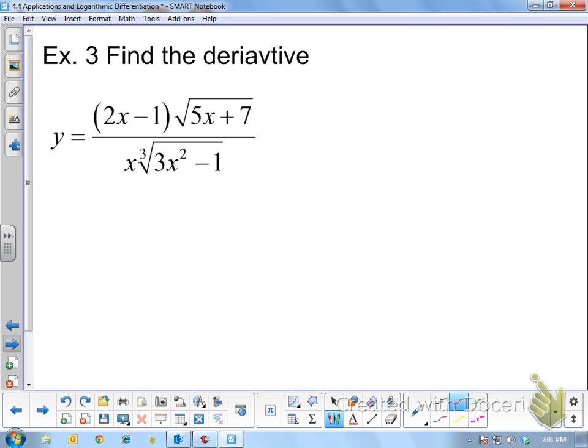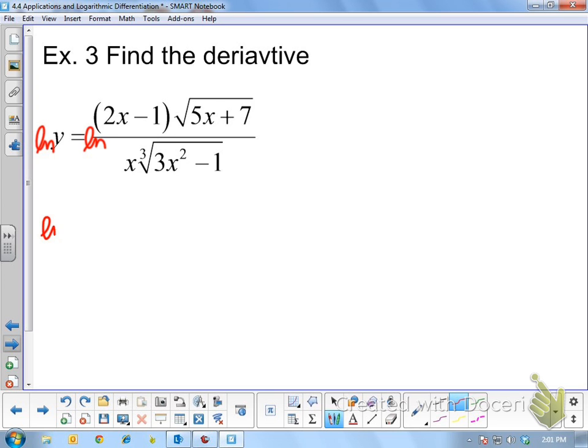We take the natural log of both sides. And I do that because now I can split this all apart into plus and minus signs. We can take the derivatives of plus and minuses a lot easier because we can take them separately. We don't have to use all the rules at once.